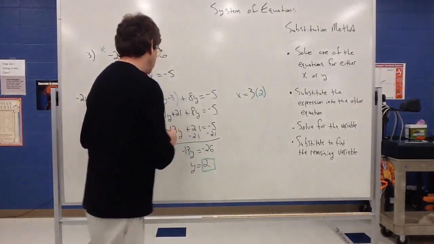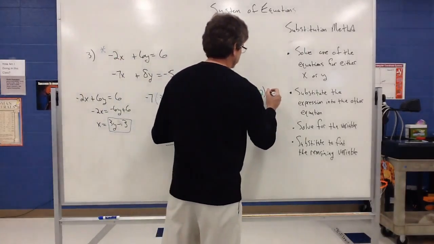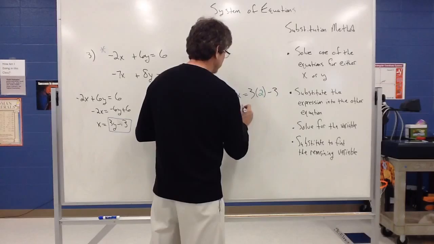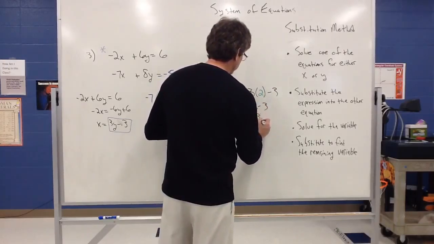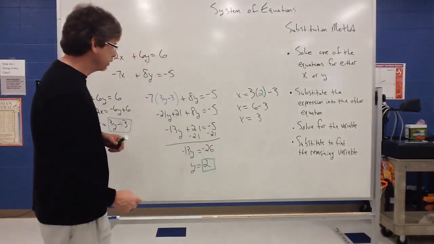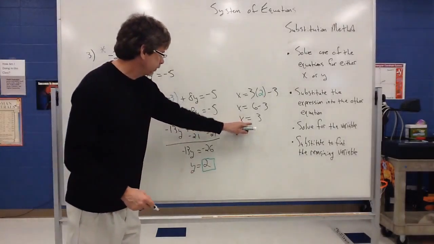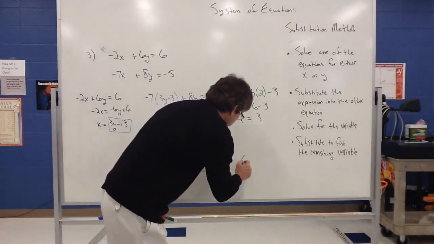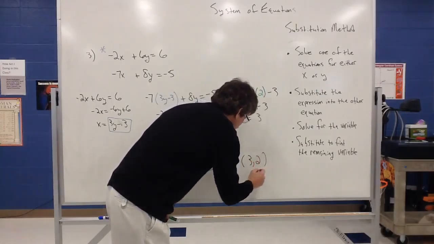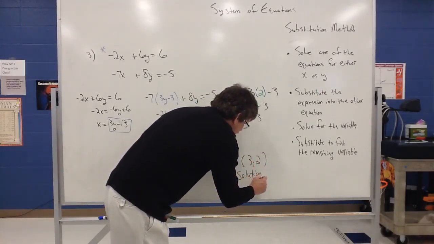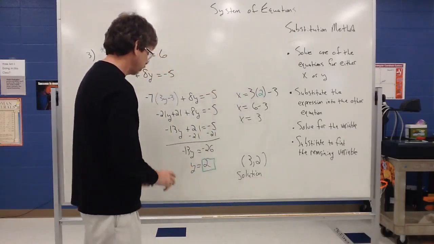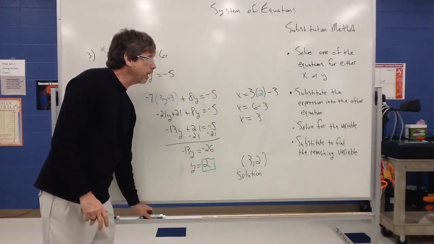Substitute that in, and I have minus 3. So x is going to equal 6 minus 3, so therefore x is going to equal 3. And therefore my solution is going to be x is 3, y is 2. So 3, 2 is the solution. That's where the two lines will cross, that ordered pair. So again, we should write that as the ordered pair.